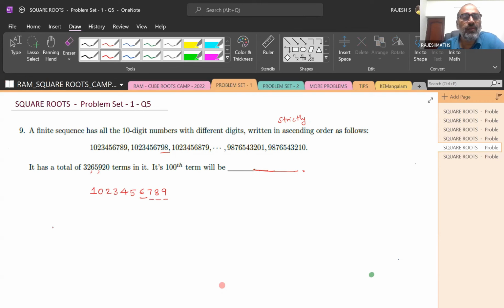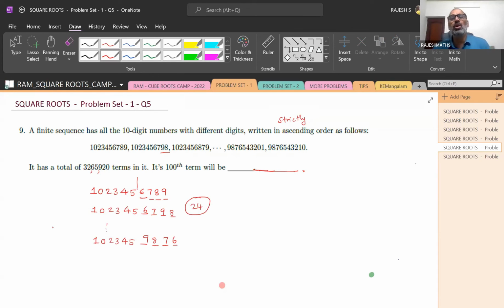So if I change this to 6, 7, 9, 8 and keep on changing, finally, with 1, 0, 2, 3, 4, 5, we'll get 9, 8, 7, 6. I'm not going to change the first 6. So there will be 24 numbers with 1, 0, 2, 3, 4, 5 starting.